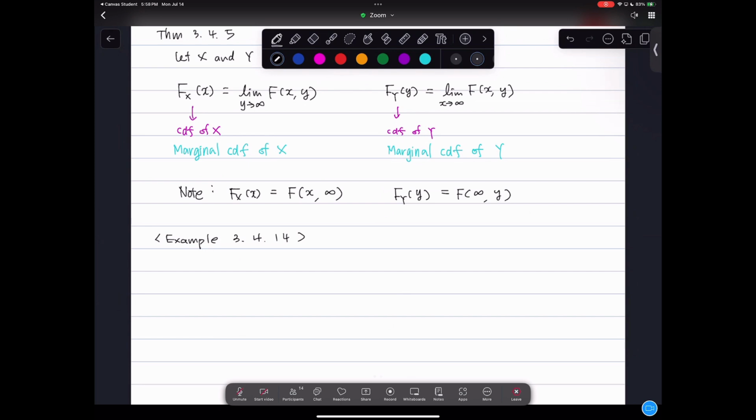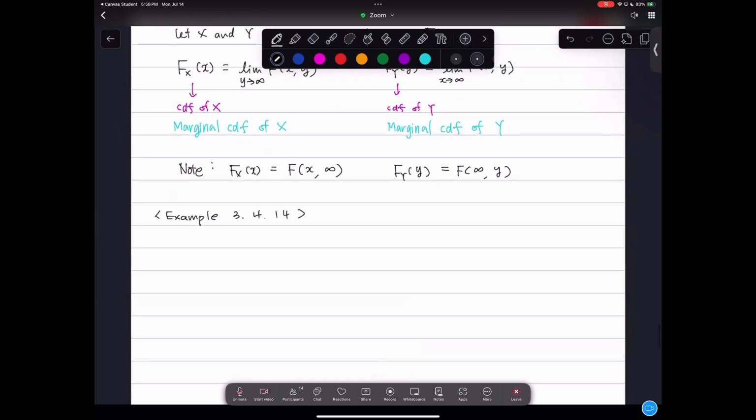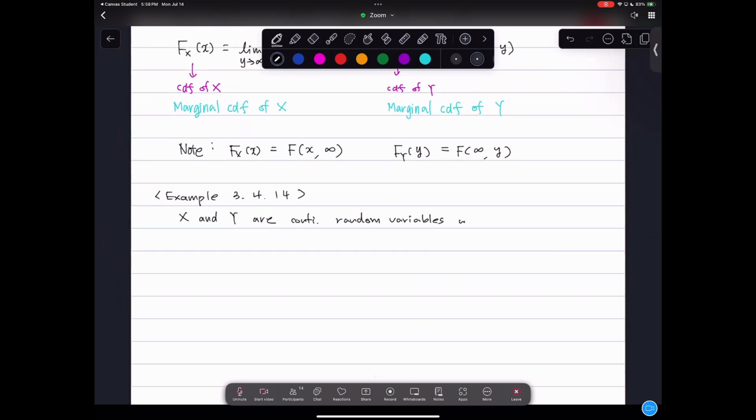So this question again, we have X and Y continuous random variables, with x from 0 to 2 and y from 0 to 2.